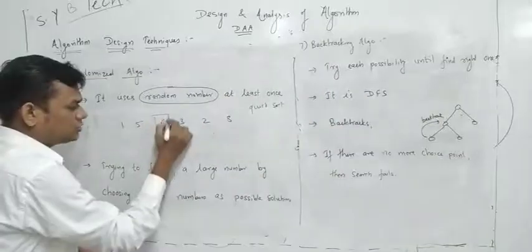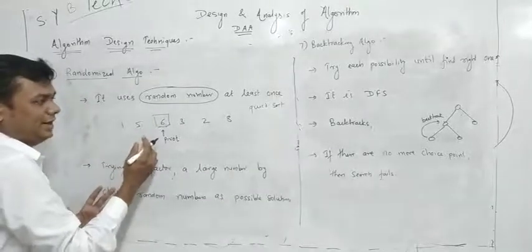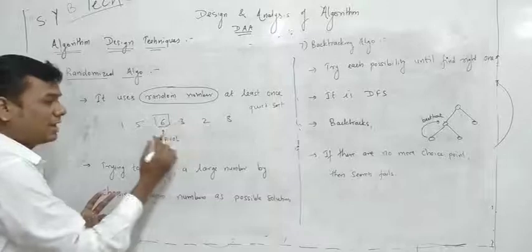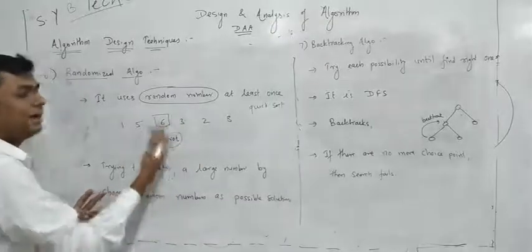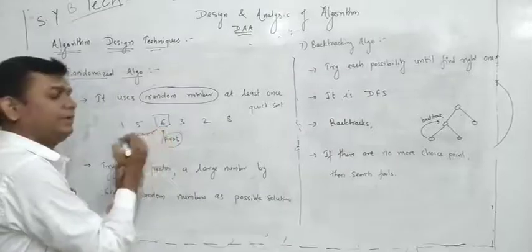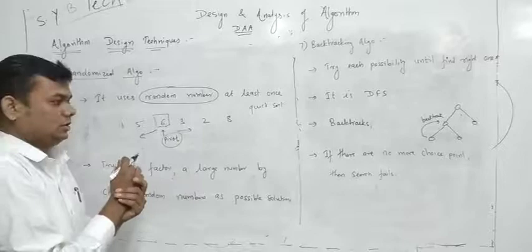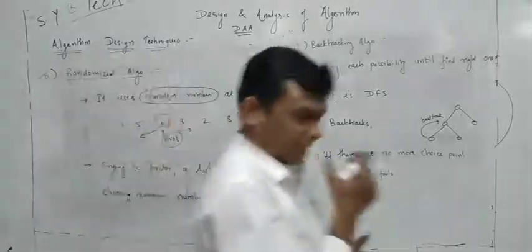In quick sort, we decide any specific random number as a pivot, and after getting the pivot element, we find the smaller elements to the left side and the larger elements to the right side.